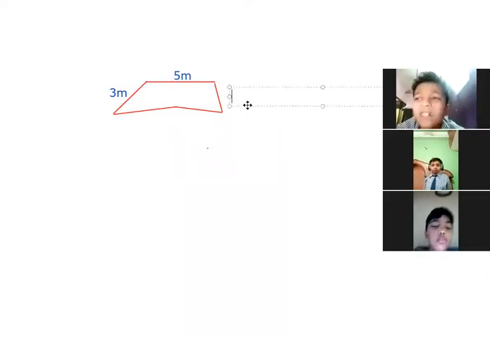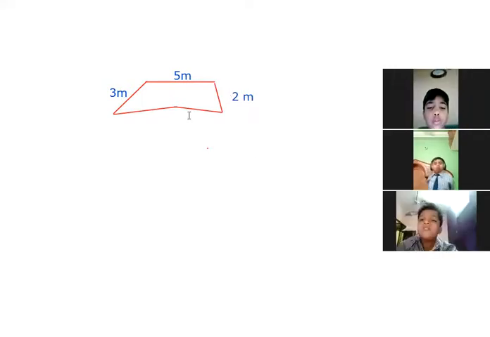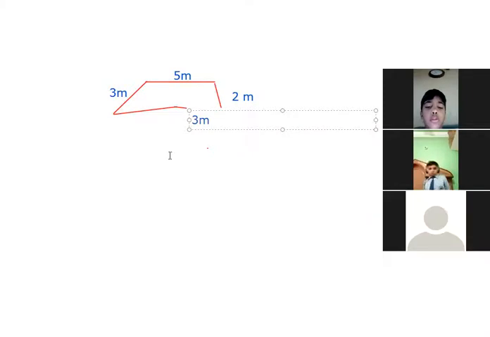Yes, ma'am. Okay, and this one is 2 meter. Suppose we are just supposing. Okay, this side is suppose again 3 meter. Okay, and this side is 4 meter. I hope it is clear. All the sides are clear and all the lengths are clear.